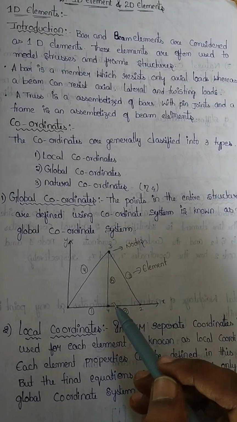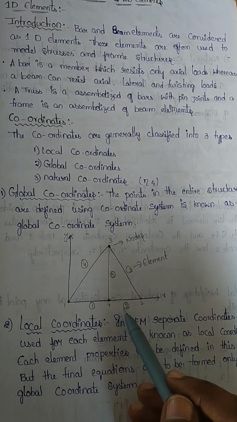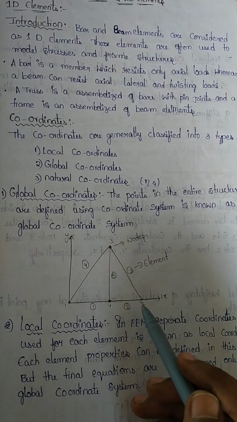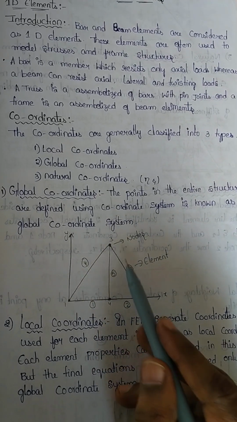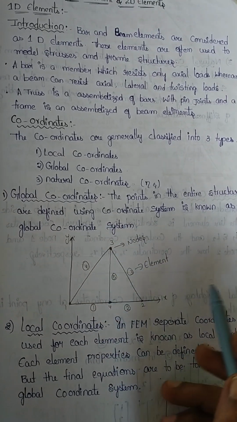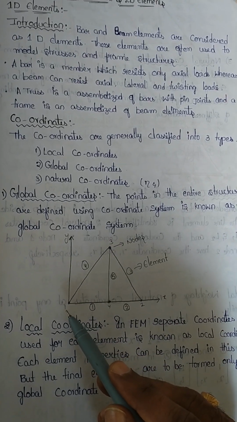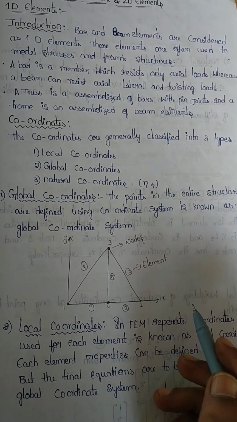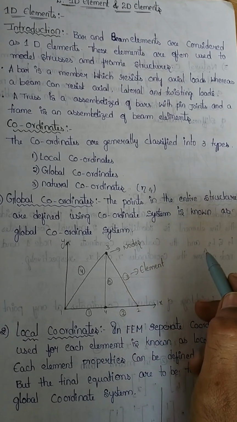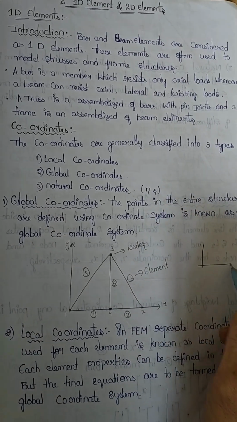Let us see here an example of a triangle. In this there are nodal elements, and each node will be represented with respect to a reference point. Those are termed as global coordinate system. Or let us see another example.